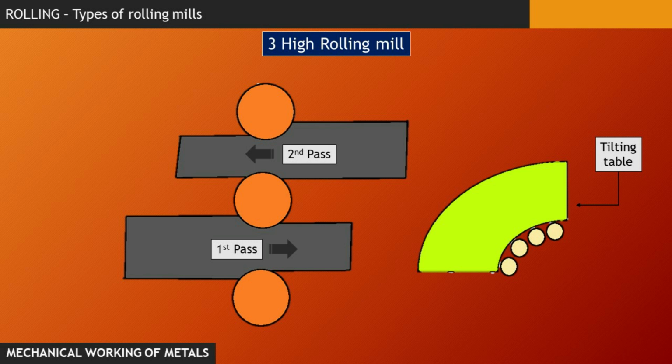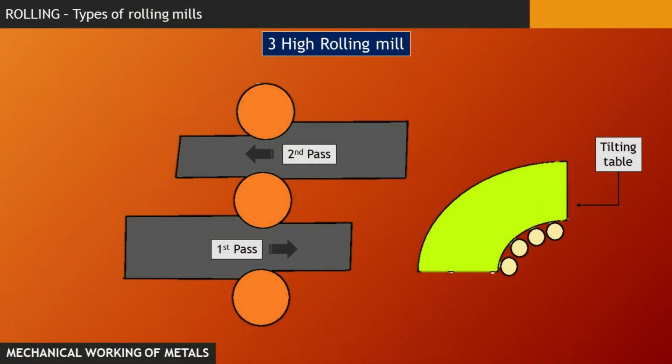So, to eradicate those disadvantages, we have a 3-high rolling mill, in which 3 rolls with a constant direction of rotation are arranged in a single vertical plane, and lifting or tilting tables are provided on one or both sides of the stand to raise and lower the bar after each pass.